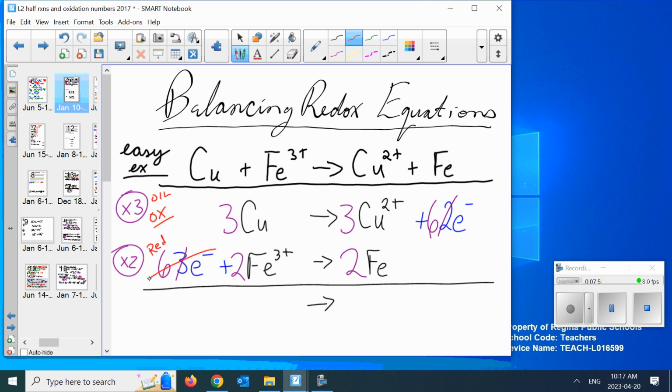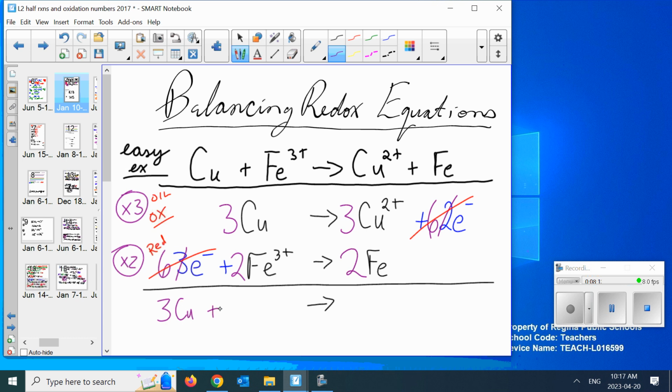So I'm going to cross them out. That's important. Once you've done that, that means when we add these up, we will have balance for both atoms and charge. So I'm going to just go 3 coppers.